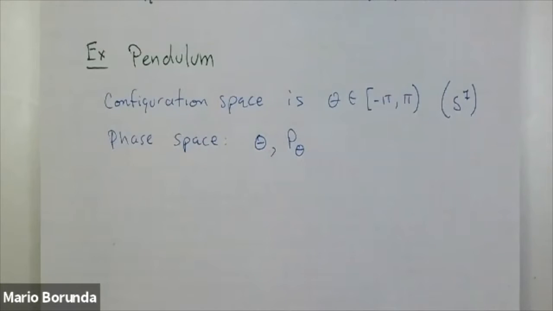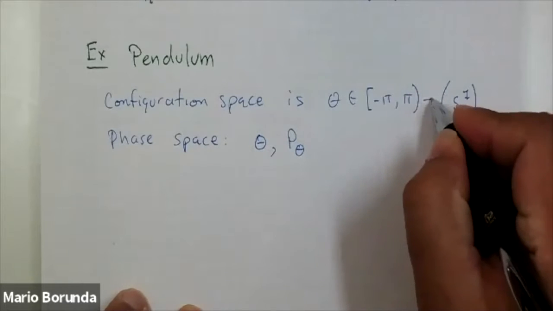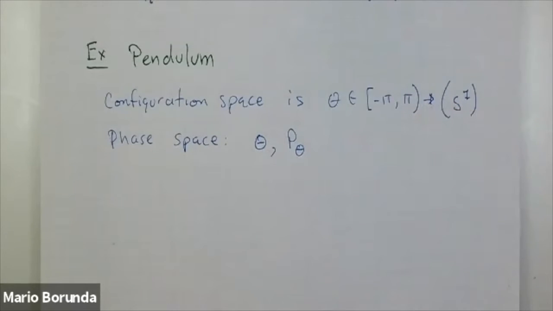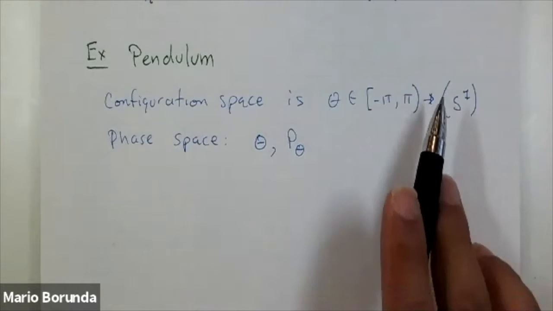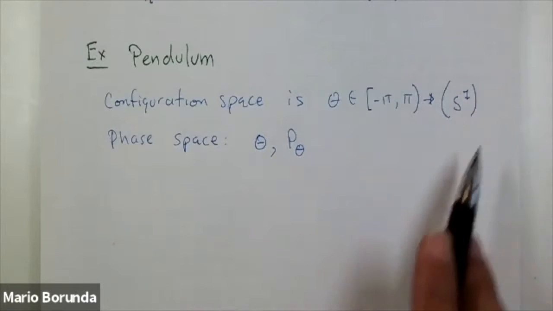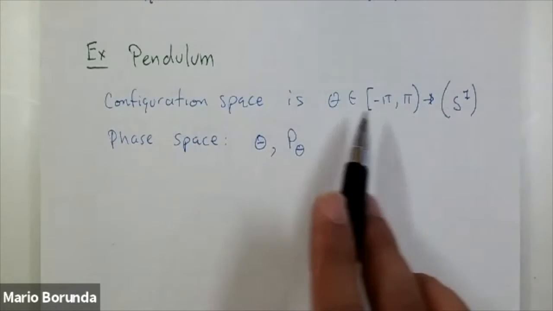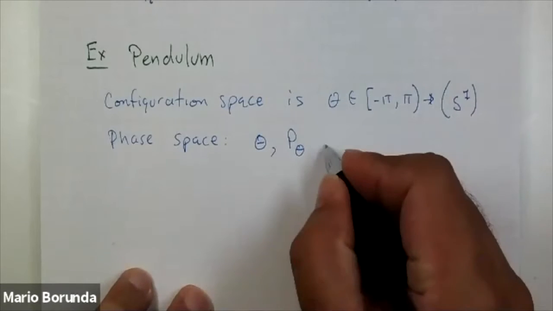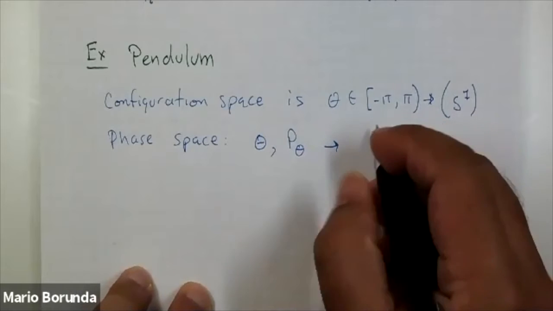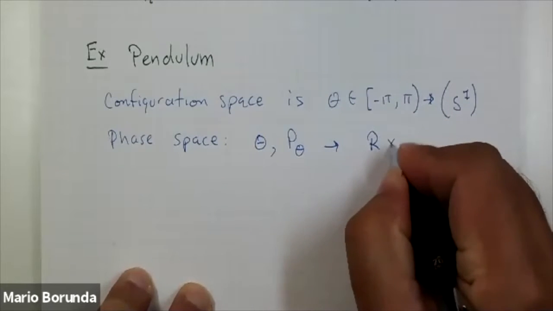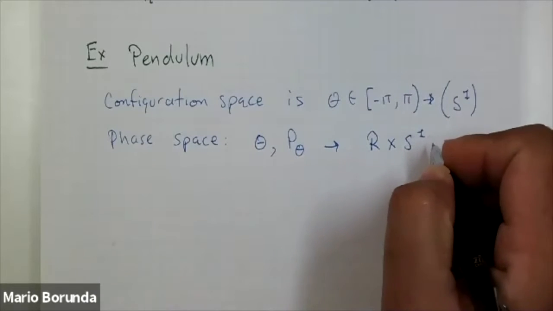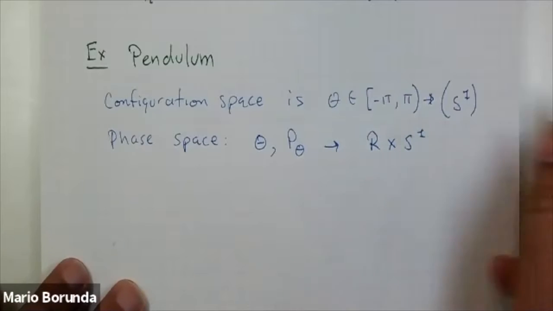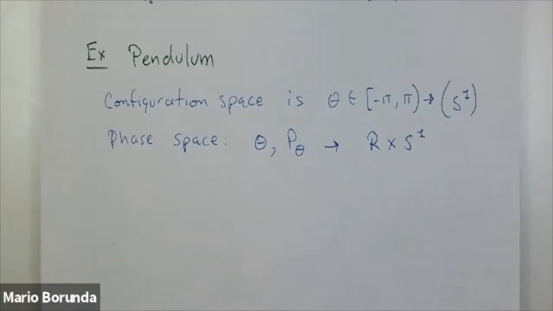So now, if we look at this geometry-wise, S1 is the group that this belongs to. It's just a one-dimensional parameter space, right? But phase space is not. Phase space is actually R cross S1. This R is your momentum.